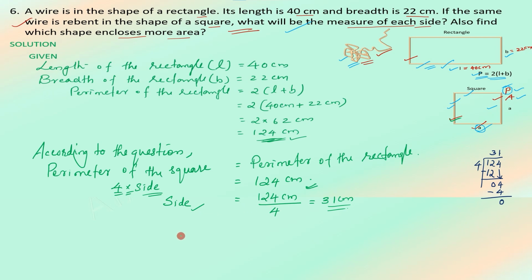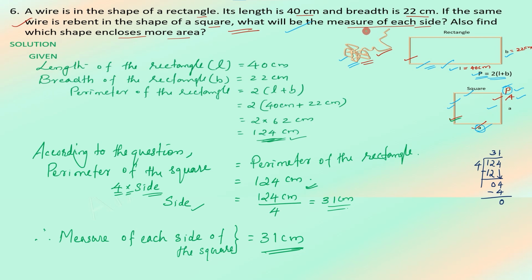Since all the sides of a square are of equal measure, therefore we can write, measure of each side of the square equal to 31 centimeter.